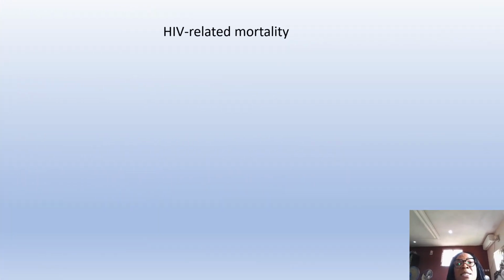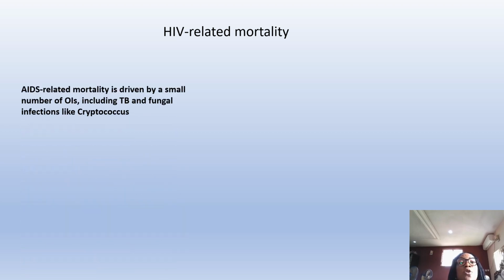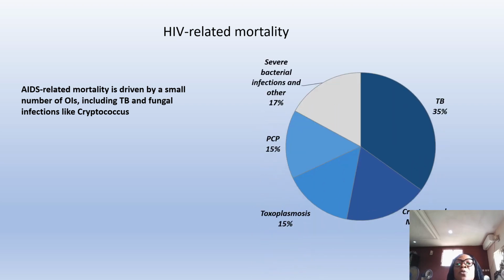HIV-related mortality is a result of opportunistic infections. These include tuberculosis most commonly, and fungal infections like cryptococcal infection. We notice from this chart that tuberculosis causes about 35% of HIV-related mortality.